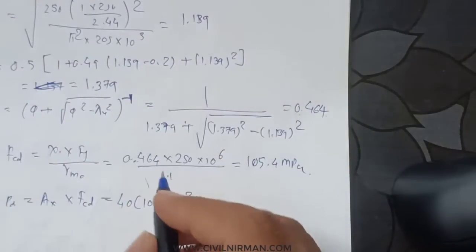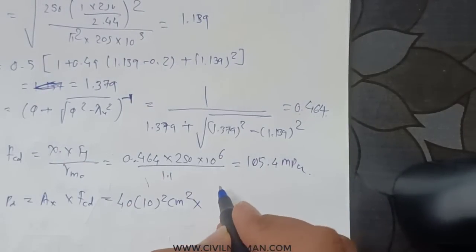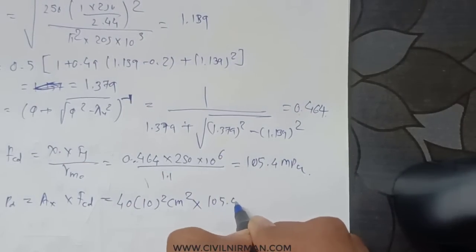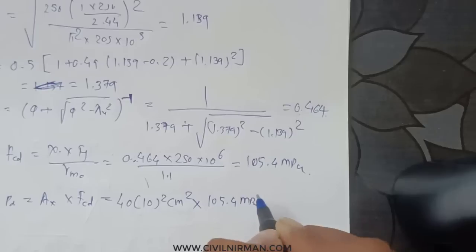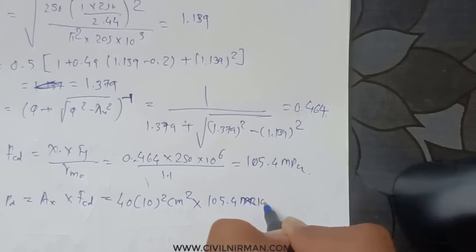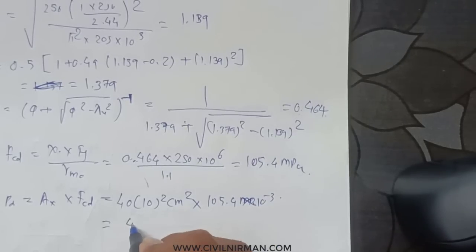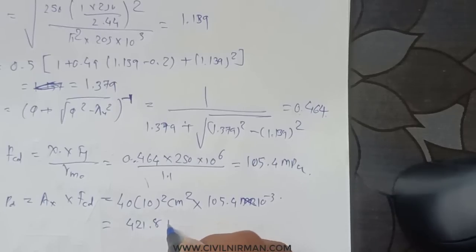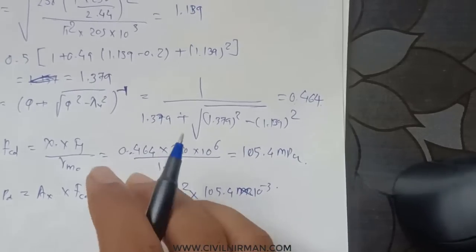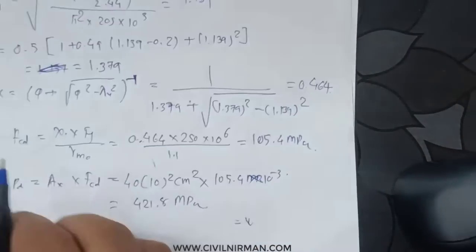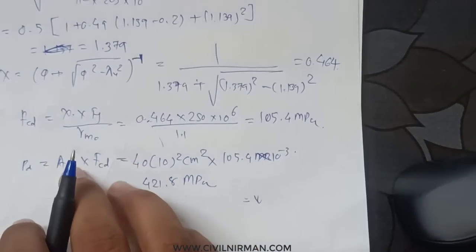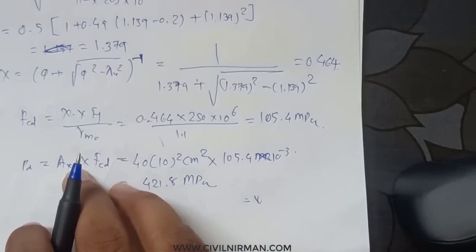Okay, and 105.4 megapascal. So ultimately I am getting the value as 421.8 megapascal. So you have worked out this particular check.